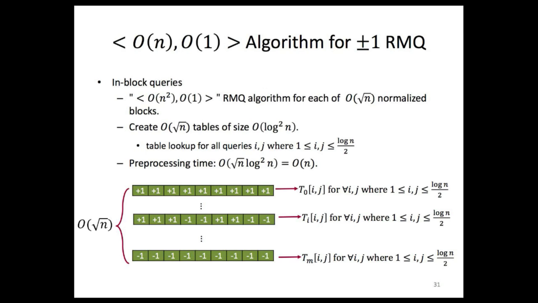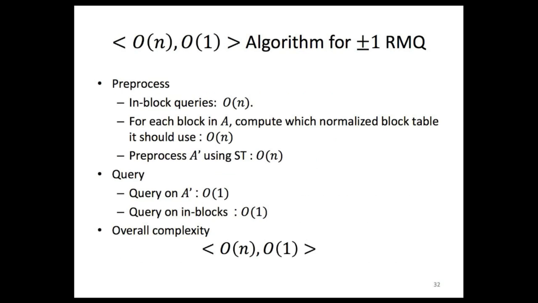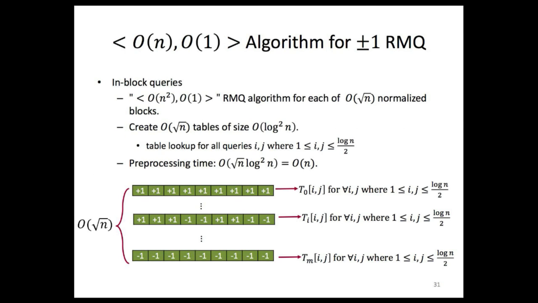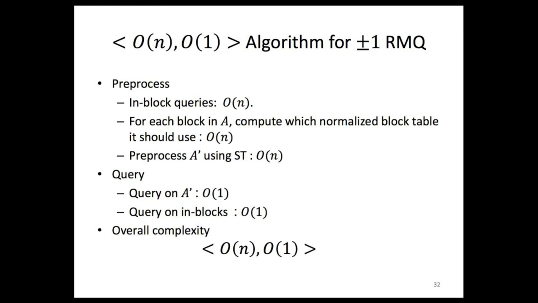So where does this land us? We have each in-block lookup, like from the previous slide, that gives you O of n preprocessing time to construct each of those under root n blocks for lookups which do not completely match the boundaries of your blocks. And then you preprocess your A prime, which contained the minimum of these blocks.